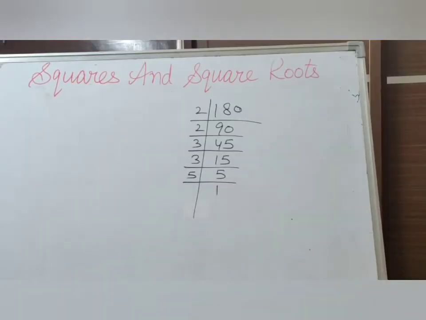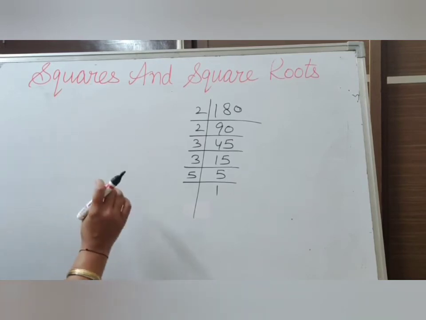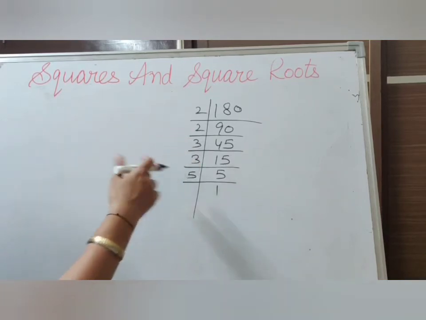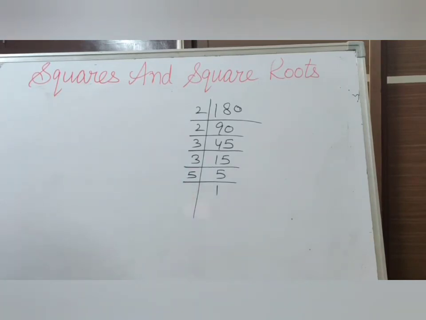Now students, you can see 180 is not a perfect square, as we already explained, and earlier we explained that if we multiply 180 by a number we will get a perfect square. Now the second case is by which number 180 must be divided to get a perfect square. Both cases can be there in your book.